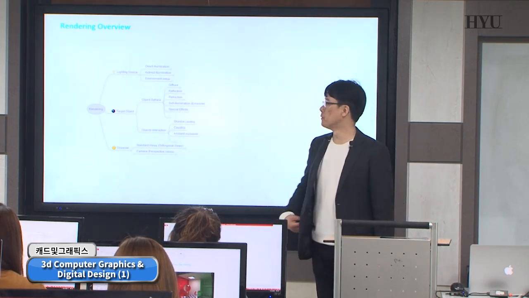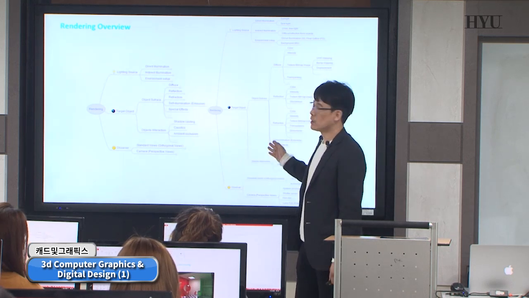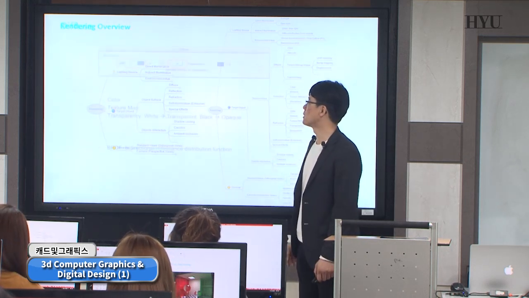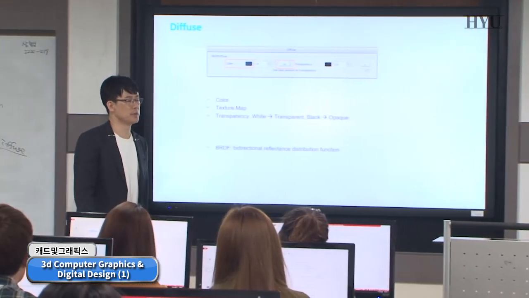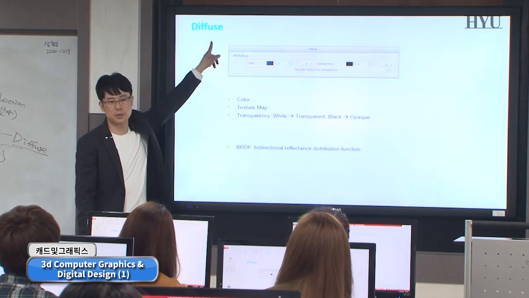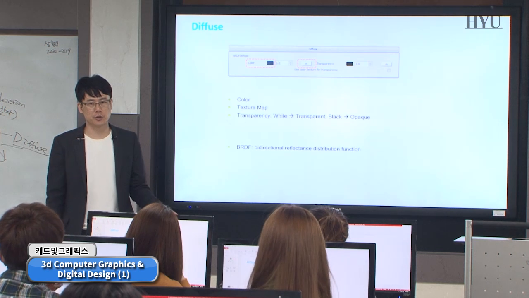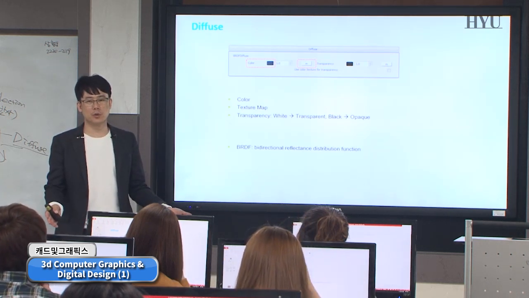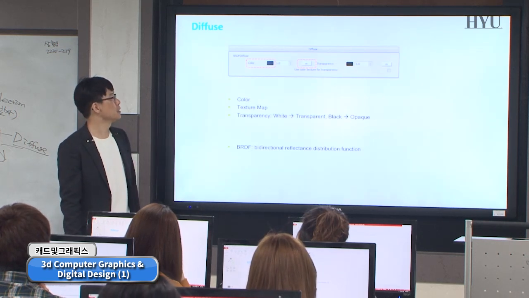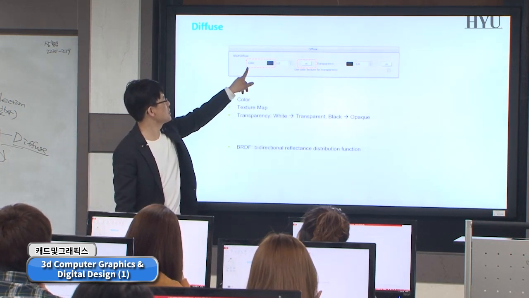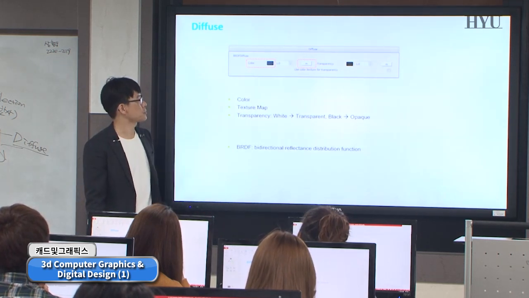So for the rendering overview, there are not that many things you need to take care of. It looks complicated, but you have to remember the most important things. The first one is diffuse. What is diffuse? Diffuse is the color, the texture, the shape, exactly what you see for each object. If you change the diffuse color, the object color is going to change.